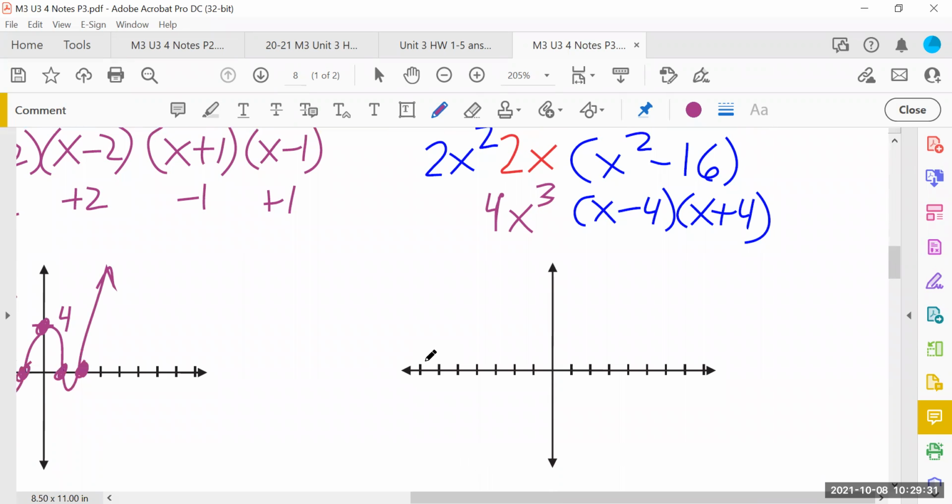So here, I'm going to put in my x-intercepts: 0, which is not a bounce, positive 4 and negative 4. Positive 4 from this one, negative 4 from this one. End behavior: 4x cubed times x is positive 4x to the 5th power.